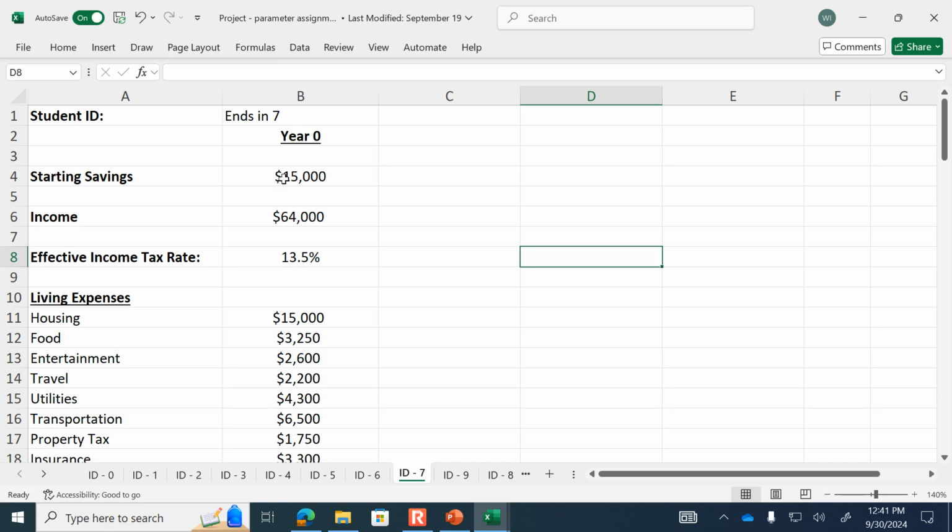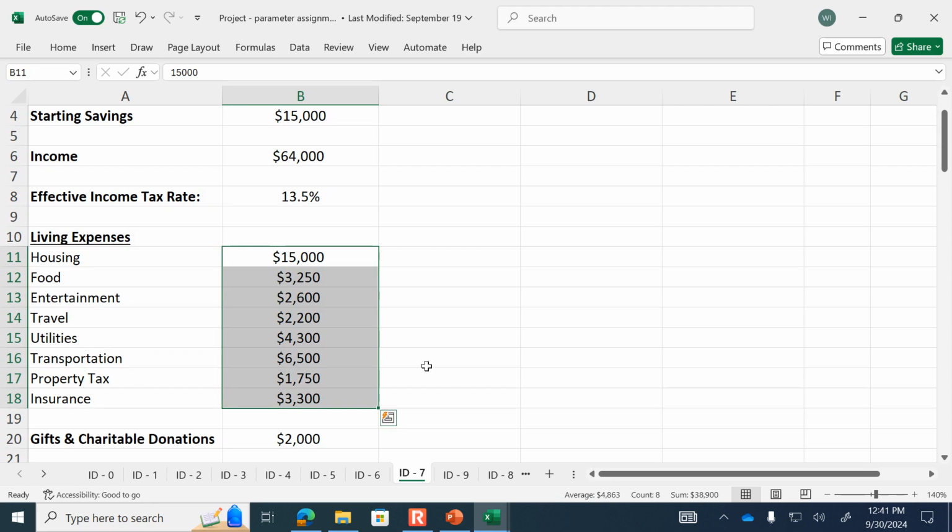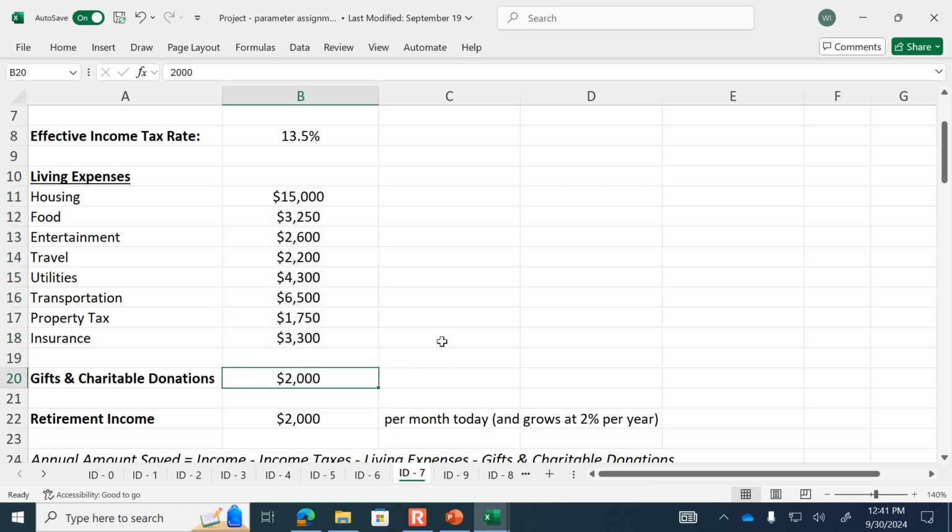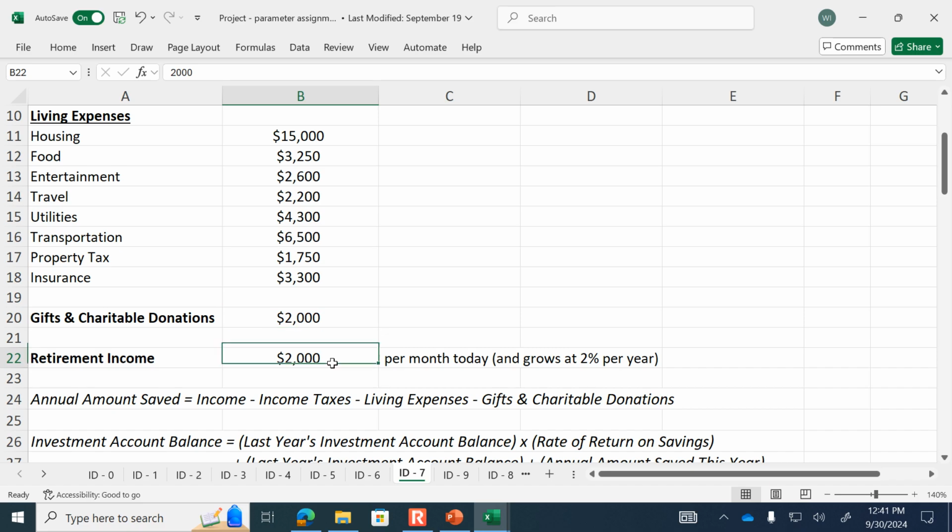You start with, what if the person you're analyzing had a starting savings of $15,000, a starting income of $64,000, the effective tax rate is known. You start off with some given expenses, an amount of charitable donations that this person would be making, how much retirement income they can expect to make from, let's say, Social Security.